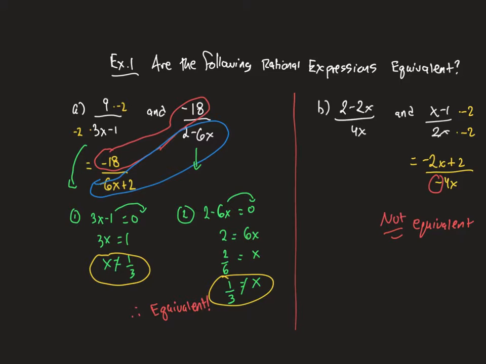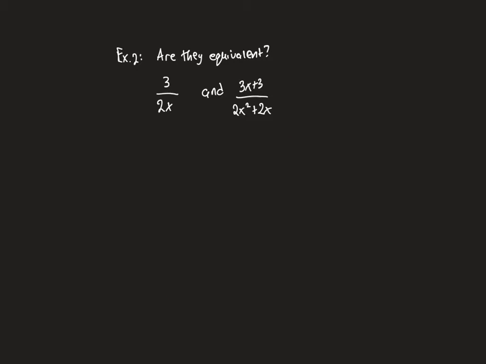All right, so let's take a look at another example. All right, so let's take a look at this question. Once again, the best thing to do when they are like this, where I can't see what I would have to do, is factor it out. So I'm going to factor this out. I can divide them both by 3, which will leave me with x plus 1. I can divide these both by 2x, leaving me with x plus 1.